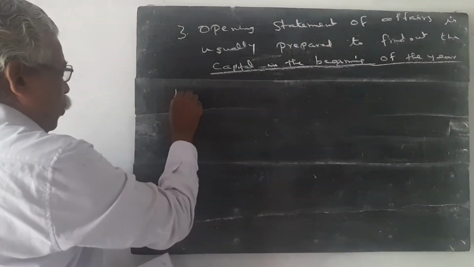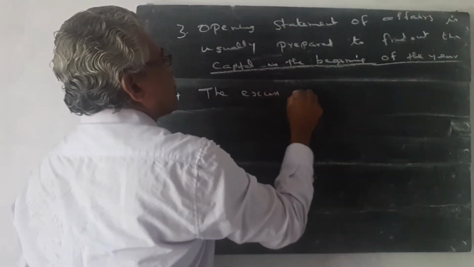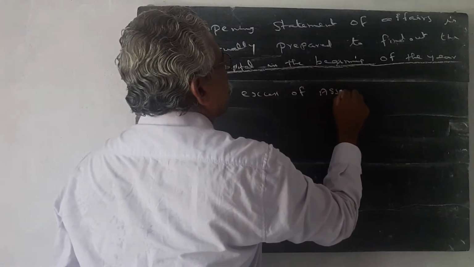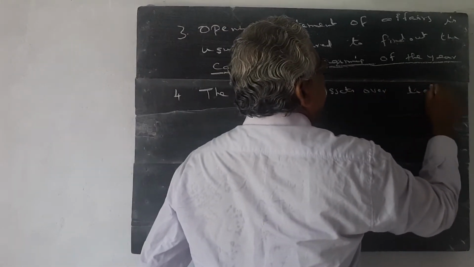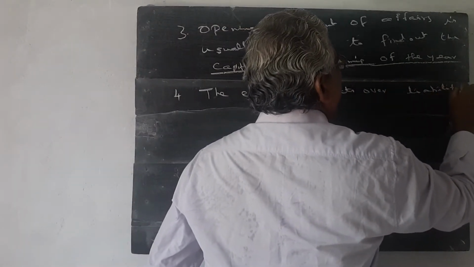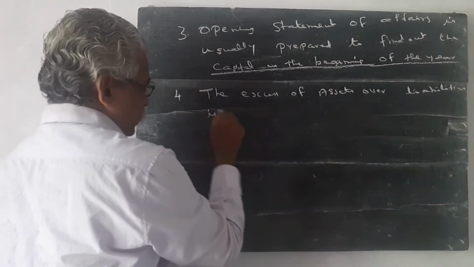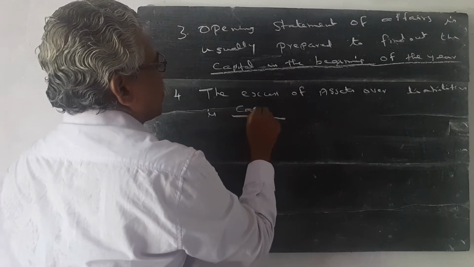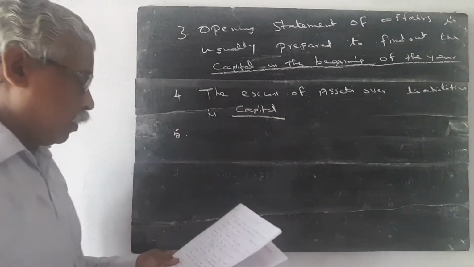Then question number 4, the excess of assets over liabilities. The excess of assets over liability is dash. The answer is capital. Question number 5.